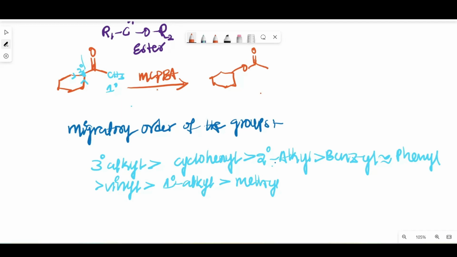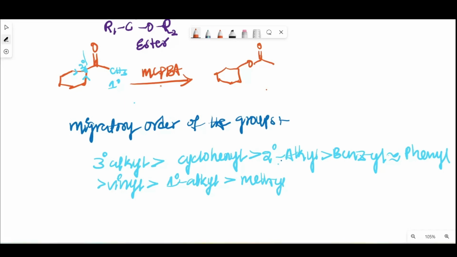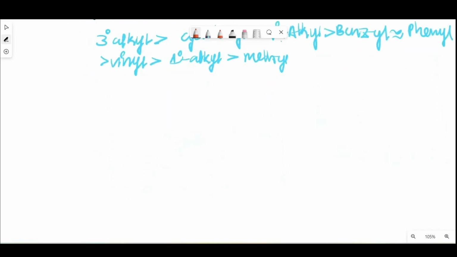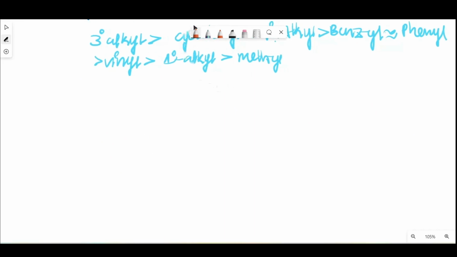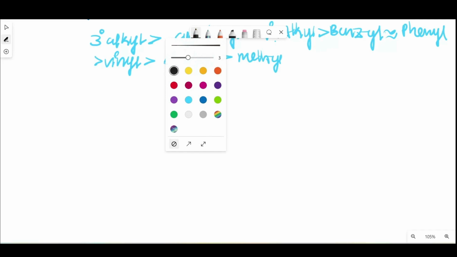Let me explain some more examples. This is also used for cyclic ketones, which will be converted into lactones. Let me explain with one example.